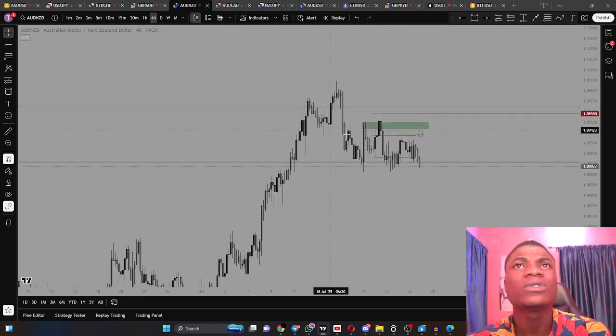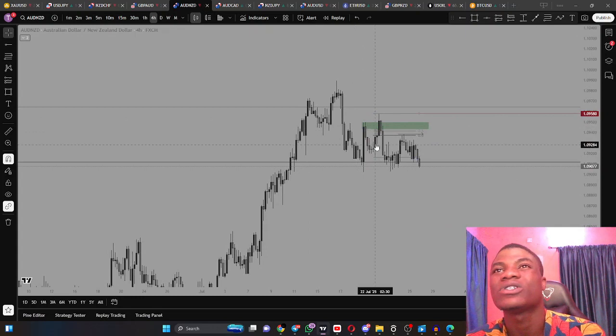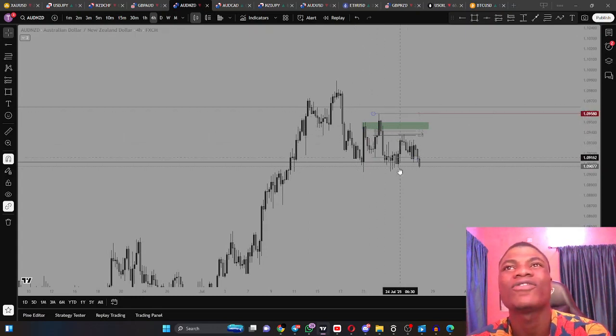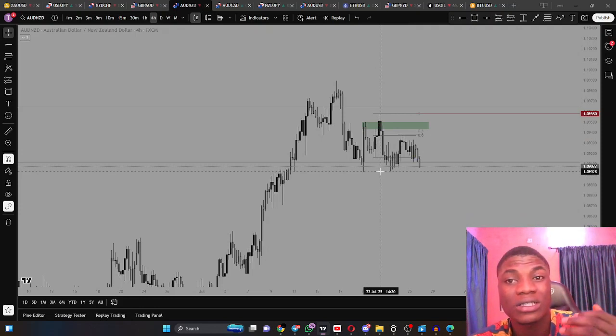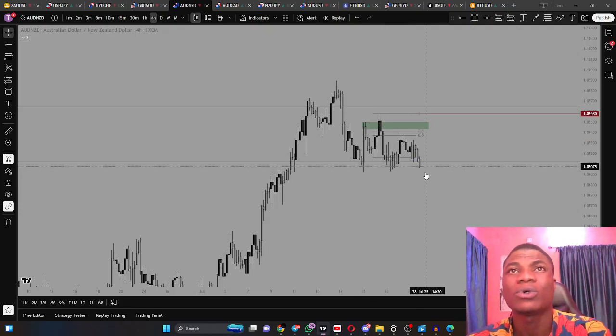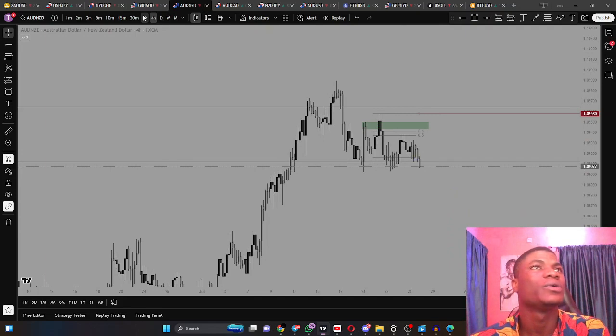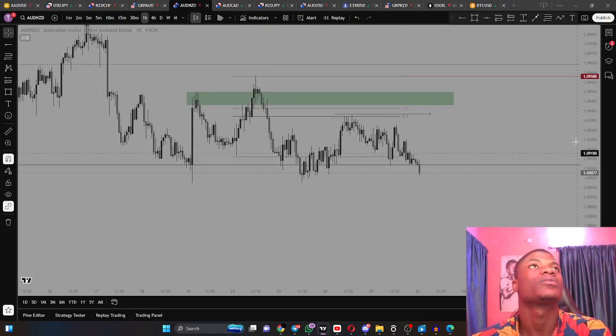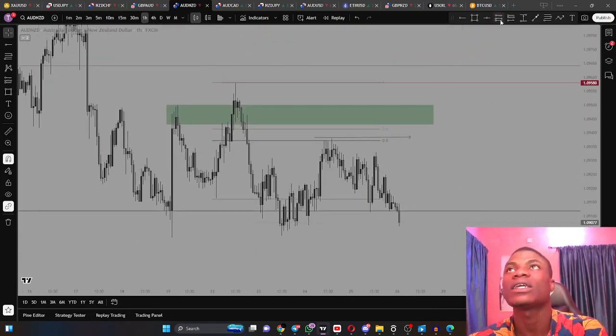So in the 4 hour, we can say this setup is valid. The Fibonacci is sitting at our 50%, and it's already type 3, very correct. You need to take out this low to make it type 1. So I'm okay with this trade. I'm going to be watching out for AUDNZD for the week.